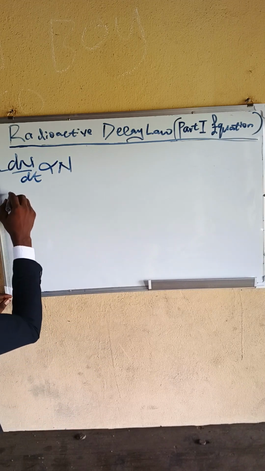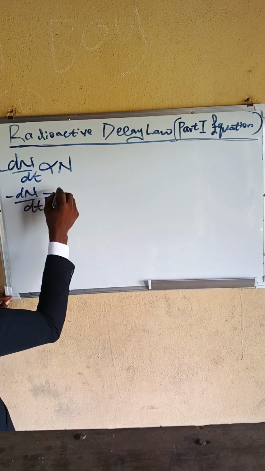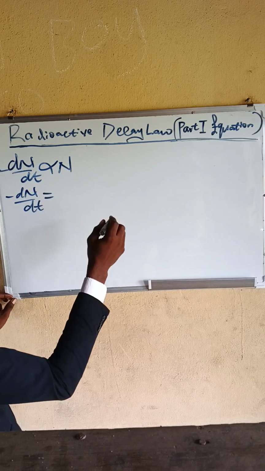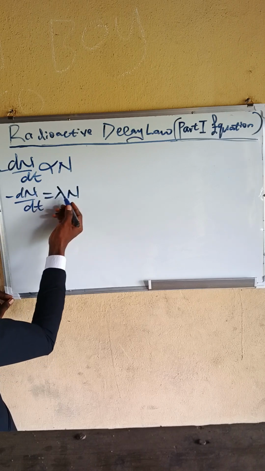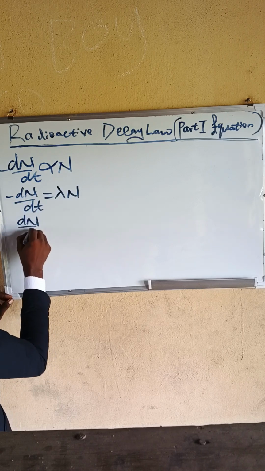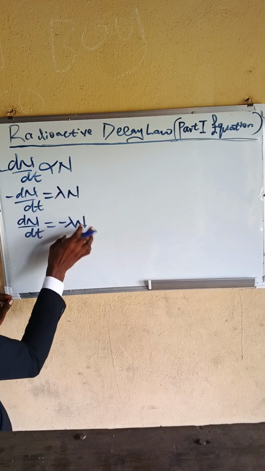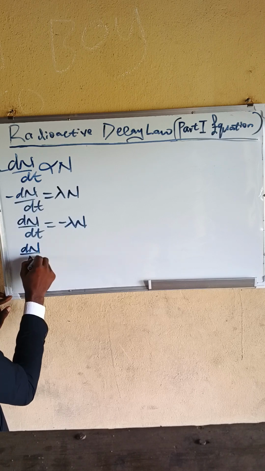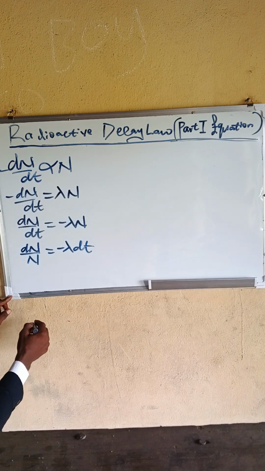So I'm going to have negative dN/dt is equal to, removing the proportionality, we introduce a constant, and that constant is called the decay constant. So this negative sign can come over to this place. The whole of this equation is the same thing as this. So I'm going to have dN over N equals negative decay constant times dt.